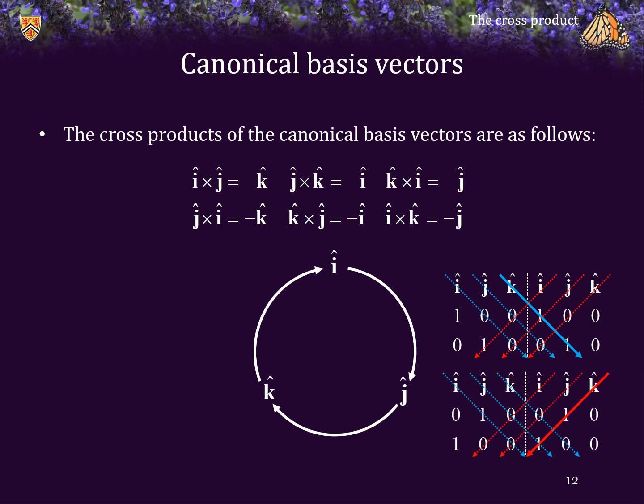Also, we can use our aide-mémoire to determine that j cross i is negative k, as again there is only one product that contains 2 1s and therefore no 0s, and that is when we are subtracting 1 times 1 from the third entry.